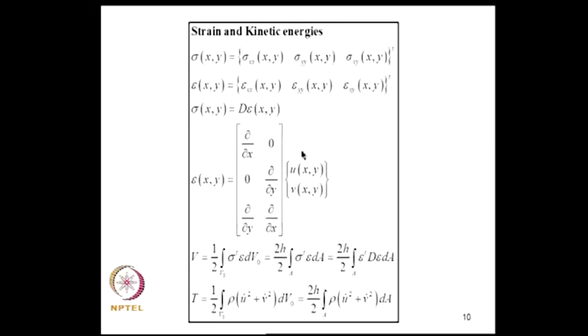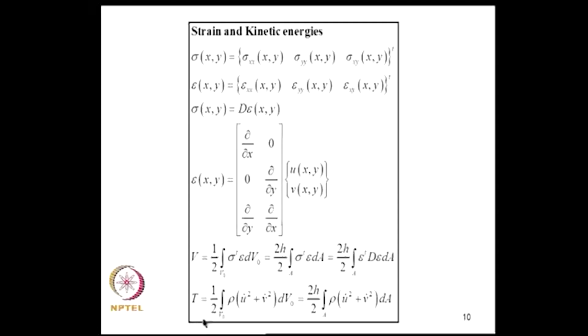Since w is 0, this gets simplified like this. Now, the expression for strain energy we have seen already, this is half integral of sigma transpose epsilon dV naught, V naught is the volume, and if 2h is the thickness, this will be the expression, an integral over area, and if I now use for sigma the constitutive law, I get this as epsilon transpose D epsilon dA.